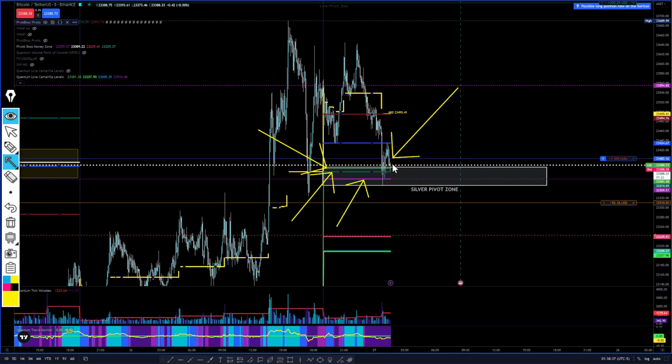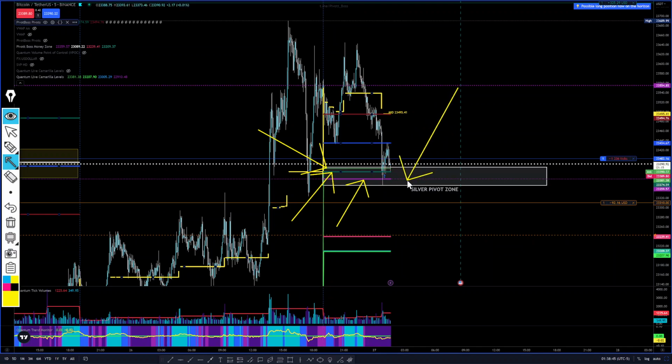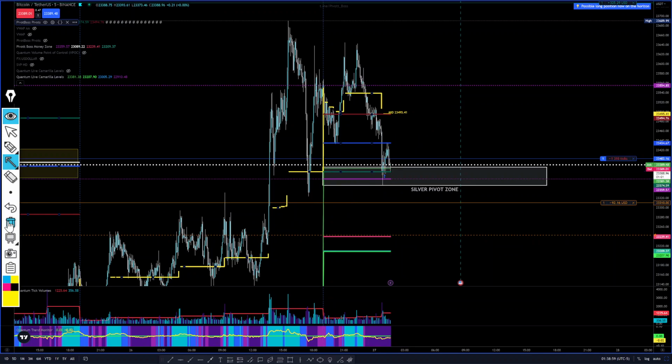Since it has the Camarilla and the value area high with a bottom central pivot, I'm going to call this one a silver pivot zone. It'll be a little less powerful than the golden pivot zone because it doesn't have the pivot level in it, but it's still very prevalent because it has the Camarilla S3 and the value area high.